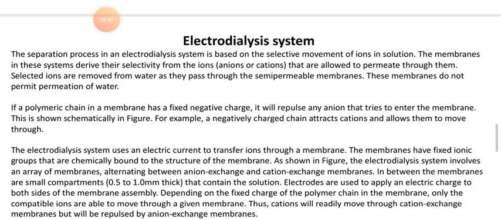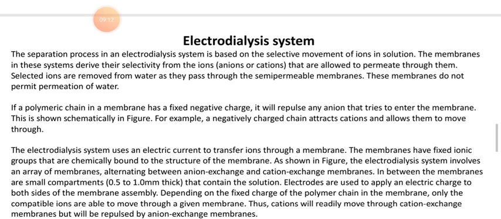Now if a polymeric chain in a membrane has a fixed negative charge, it will repulse an ion that tries to enter the membrane. This is shown in the figure. In the next figure, for example, a negatively charged chain attracts cations and allows them to move through. So for example, we have a membrane and we have bound this membrane with Na positive ions.